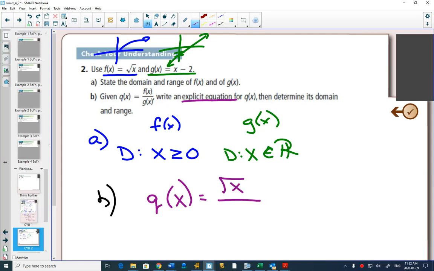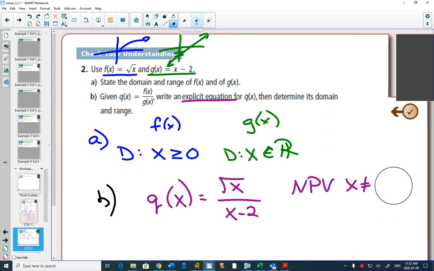Instead of g of x in our denominator, we'll write x minus 2. And at this point, looking at this question, right away I'm going to note my non-permissible value, that x can't equal 2, because if x is equal to 2, I would divide by 0.